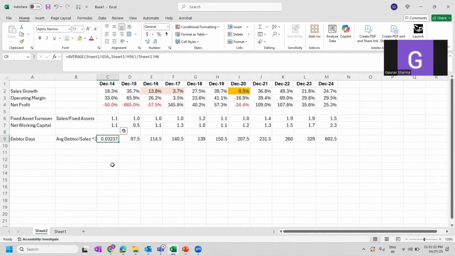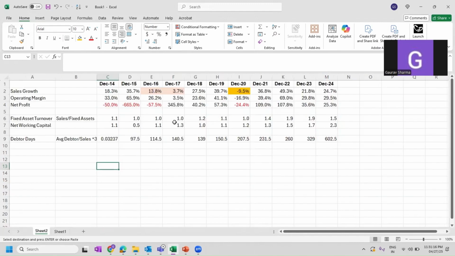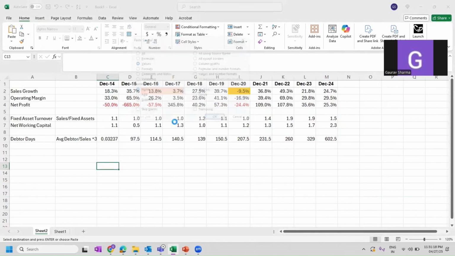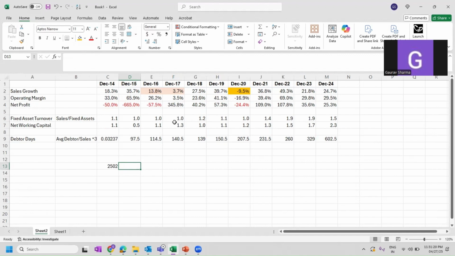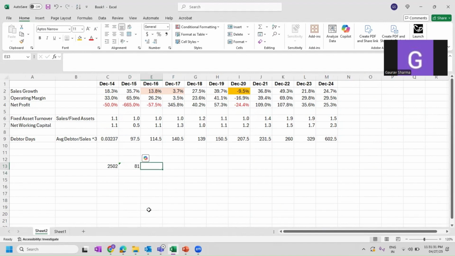Say you made a sale of, what's our number over here? Yeah, 2500 in a year, right? Now that 2500 gives you an average debtor of this much, 81. That means out of the total sale that you have made throughout the year, 81 were the credit sale, right?